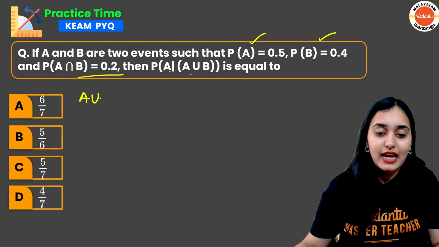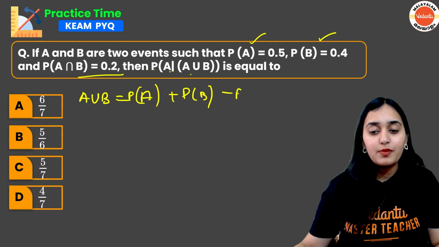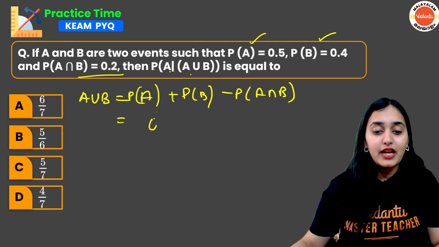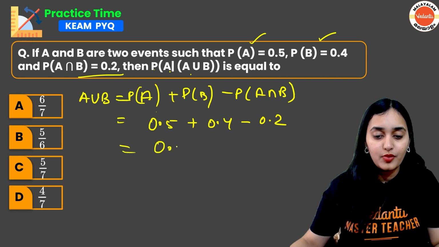First of all, what is A union B? A union B is probability of A plus probability of B minus probability of A intersection B. Just now I taught you this formula. Probability of A 0.5, probability of B 0.4, probability of A intersection B 0.2. 0.9 minus 0.2, 0.7.